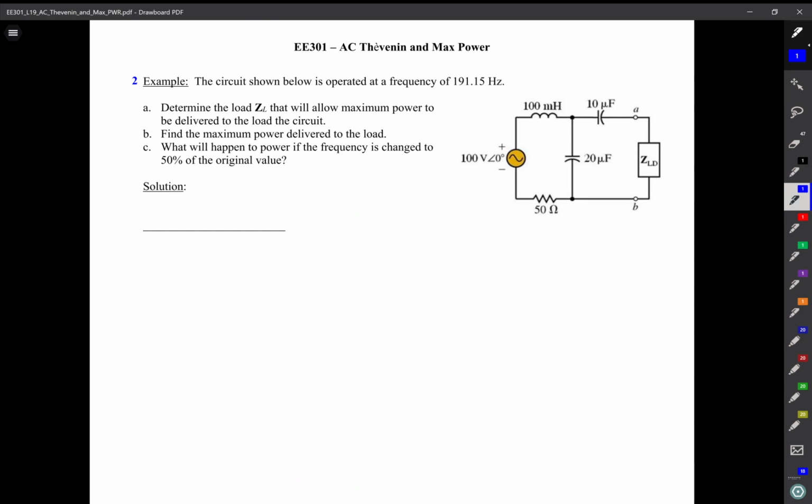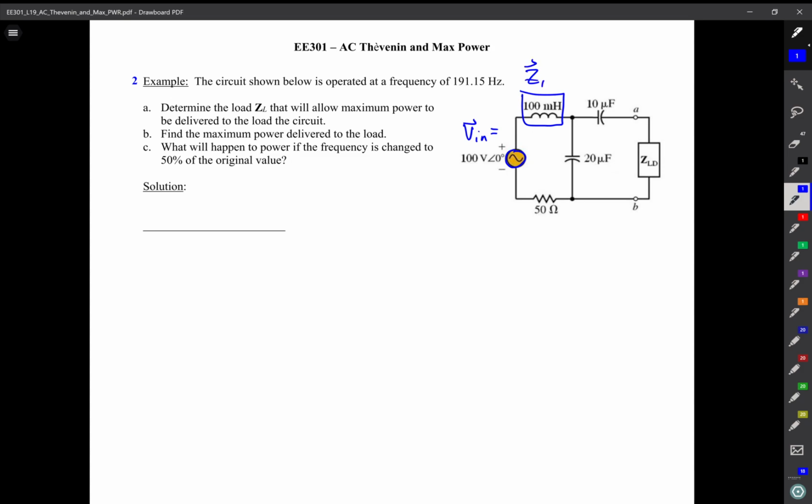I have a network of impedances, and I also have a voltage source of 100 volts with an angle of 0. I'll call this Vn. And I'm just going to go around the horn here and label all my impedances.